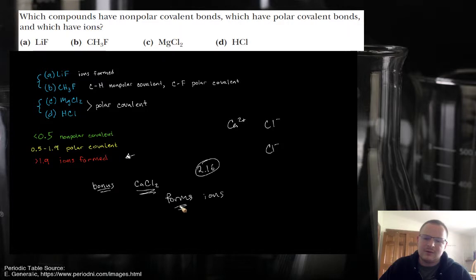Calcium chloride forms ions, whereas magnesium chloride, same general look, 1 magnesium, 2 chlorines, is only a polar covalent bond. So they're more strongly attached to each other rather than splitting up into their constituent parts. Magnesium is kind of a special element in that regard because it's still small enough to do a whole lot of things, and very light.